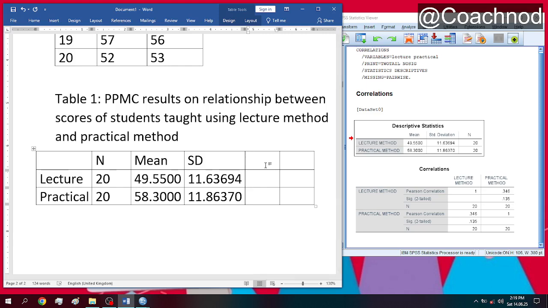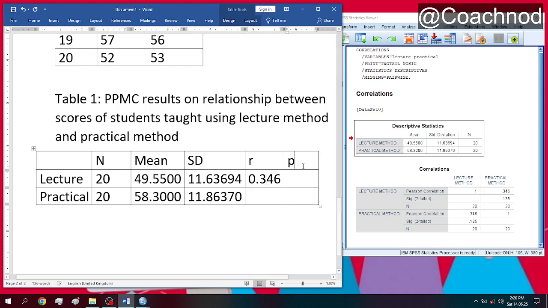So we continue. Our R represents Pearson correlation. This one here, Pearson correlation. That's our R from the result over here: 0.346.